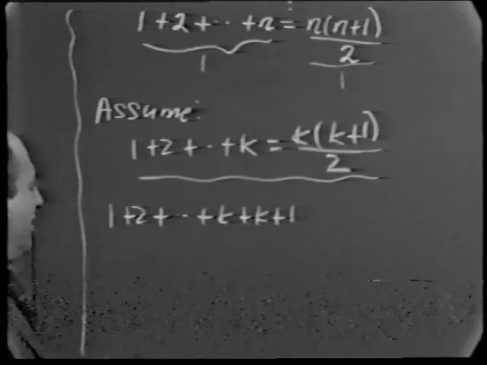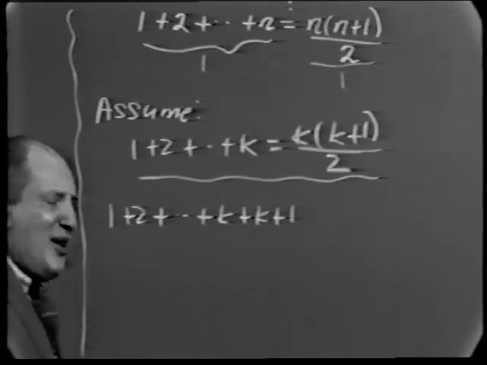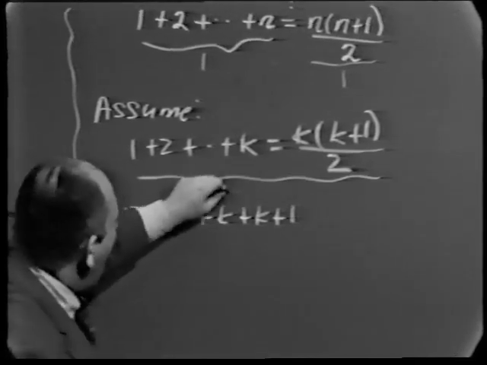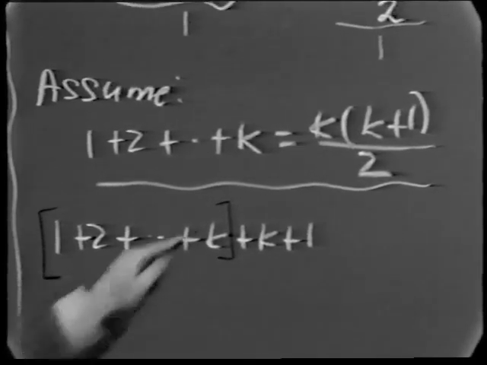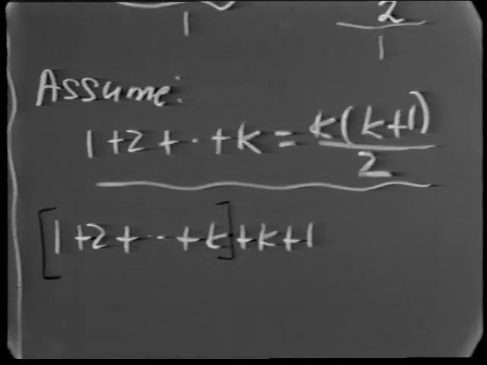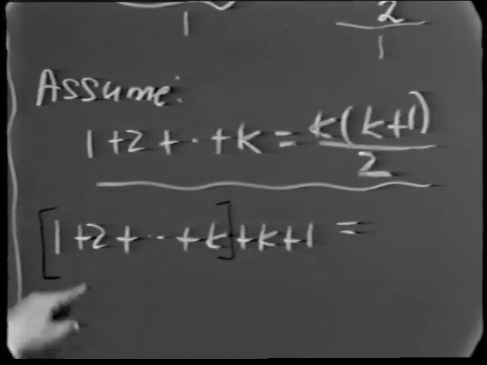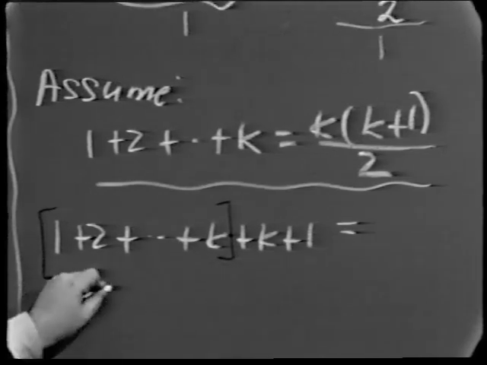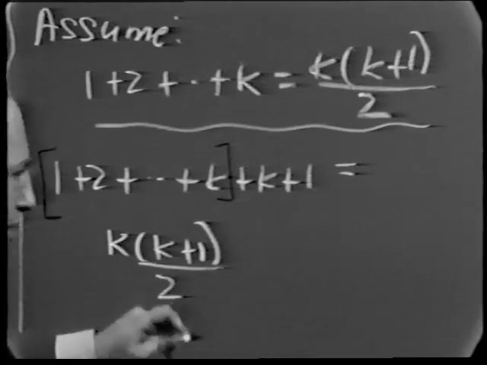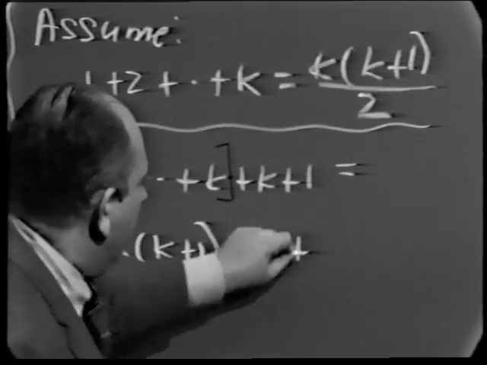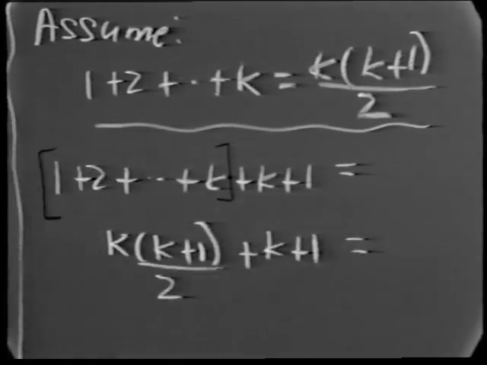Now watch how we do this. The same thing that we did in the theorem before. We say, look, we already know how to handle this amount. We're told that that's going to be k times k plus 1 over 2. So let's rewrite this in this way. Now we can replace the bracketed expression by k times k plus 1 over 2. We add on, of course, k plus 1 because that's the last term that's over here.